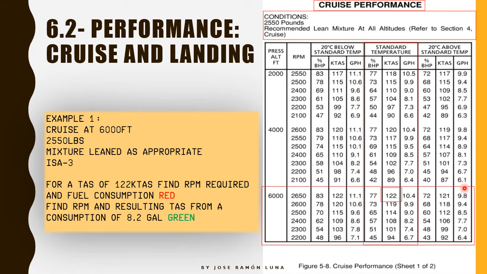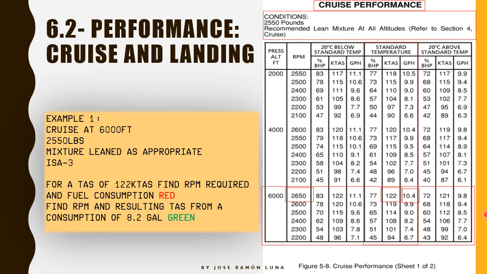So for a TAS of 122 knots, we are going to be doing an RPM of 2650, and our gallons per hour are going to be 10.4 gallons an hour. From that speed, as you can see, you're going to be able to get most of the data. Okay, let's go now with the second example.